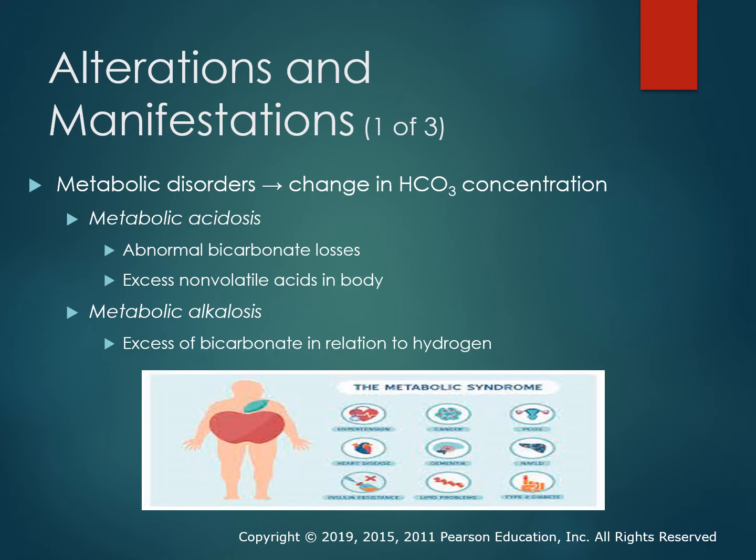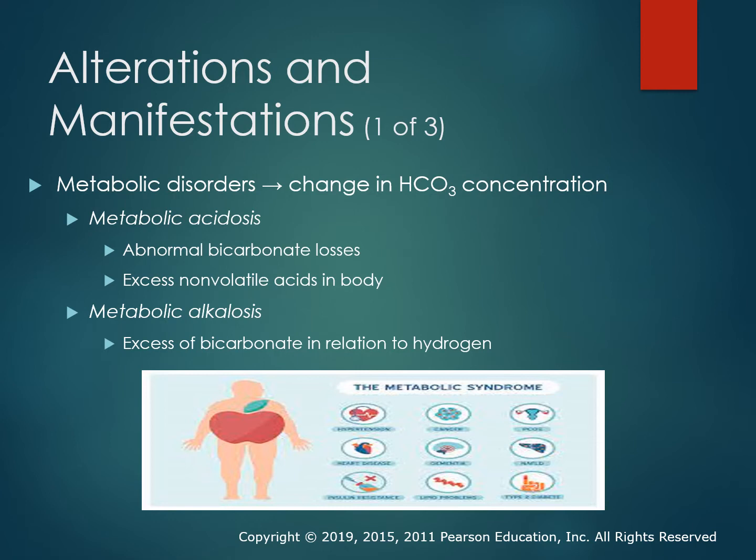In metabolic acidosis, the amount of bicarbonate decreases in relation to the amount of acid in the body. This condition can develop from abnormal bicarbonate losses or from excess non-volatile acids. The pH drops below 7.35 and the bicarbonate is less than 24.